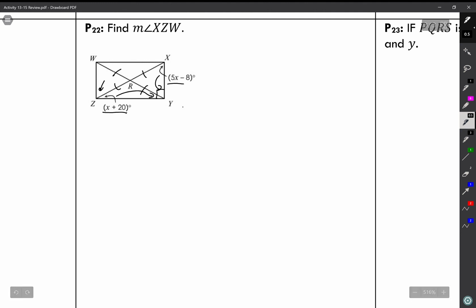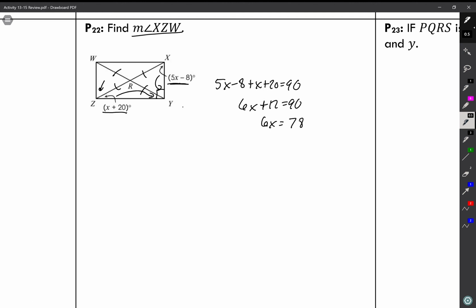So if I find this angle, it'll be the same as what XZW is actually. So let's add them up and set them equal to 90. 5x minus 8 plus x plus 20 equals 90. 6x plus 12, subtract 12, this is equal to 78. So x is just equal to 13.